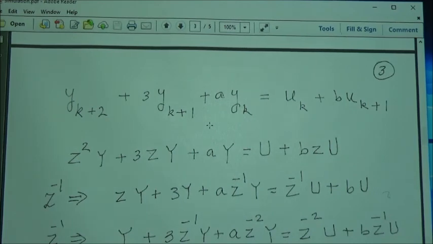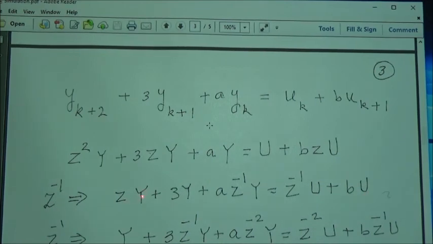What you want to do is multiply both sides of this equation as many times as you have to by z to the minus 1 until y will be alone by itself. So if I multiply by z minus 1, this becomes zy plus 3y plus a z minus 1 y equal to z minus 1 u plus b times u.